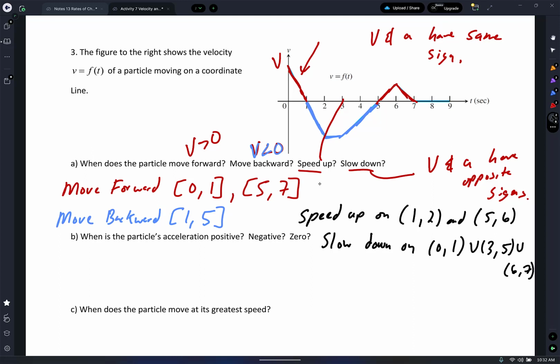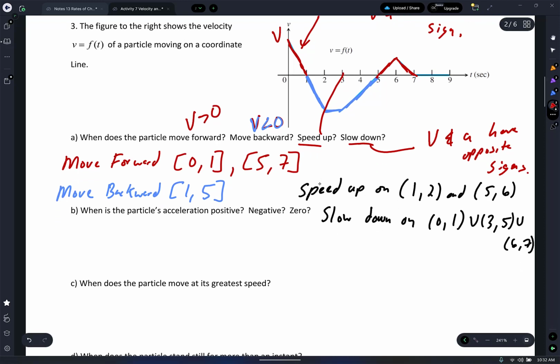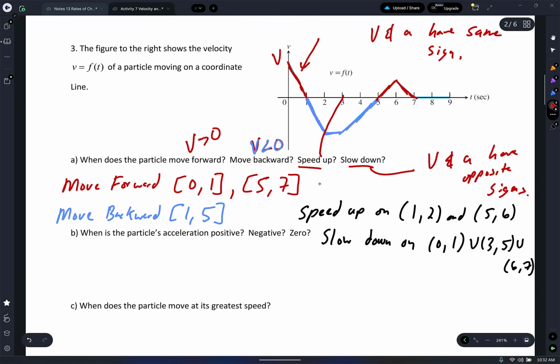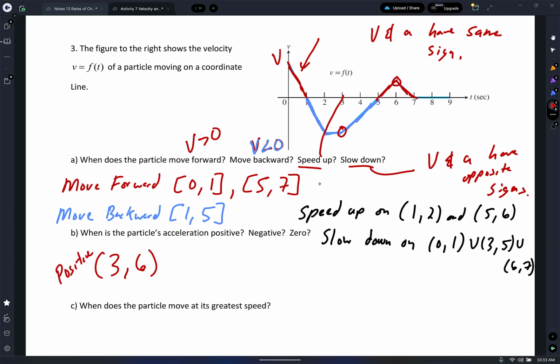How do we feel? Nothing crazy? All right. When is the particle's acceleration positive? Between 5 and 6, but it also goes before 5 and 6: 3 all the way to 6.